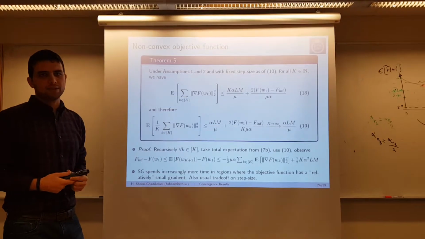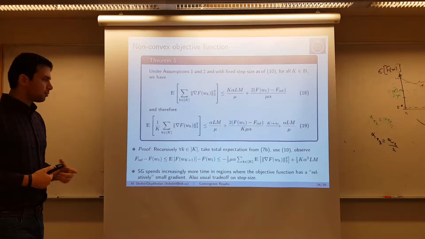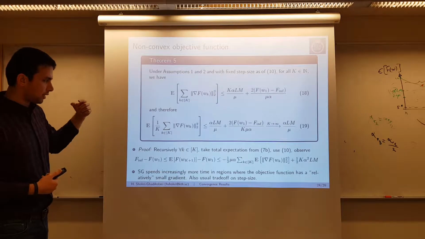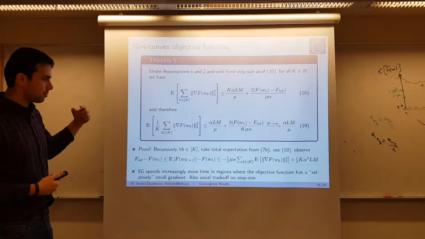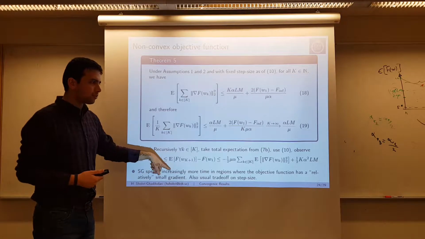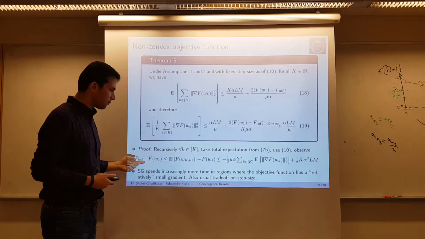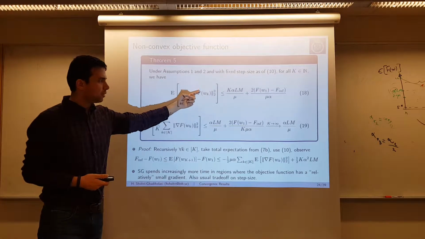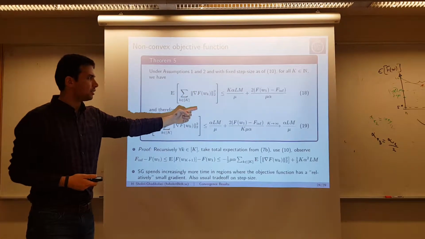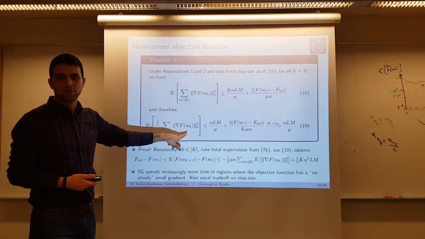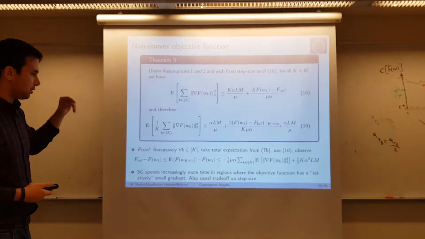What does it say? The proof is not that hard actually. It seems to be hard, but it's very simple. You just need to use these steps to find this one, and from this one you can easily conclude this one, and then divide everything by k, and then you can conclude this one. So the proof is easy actually.